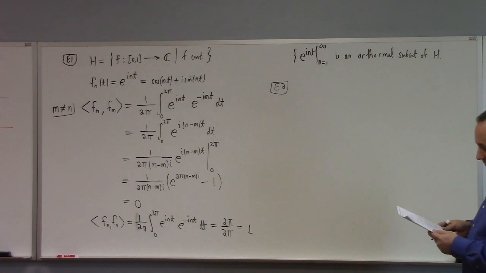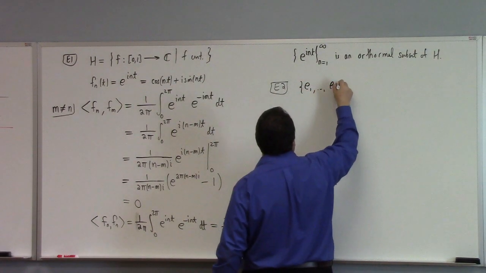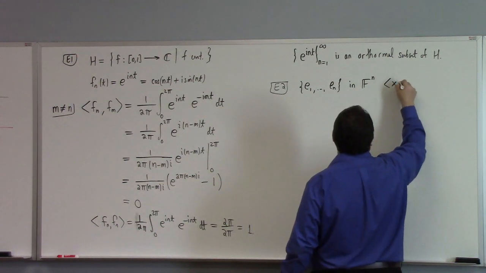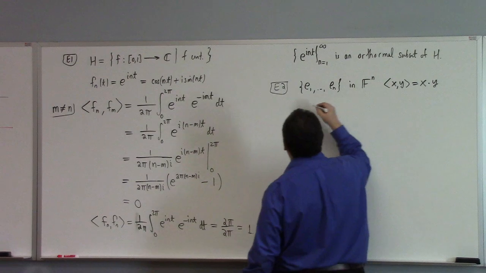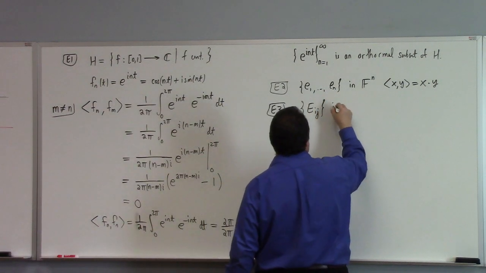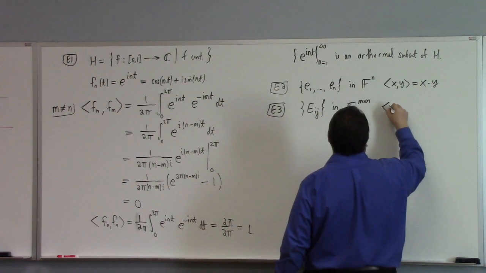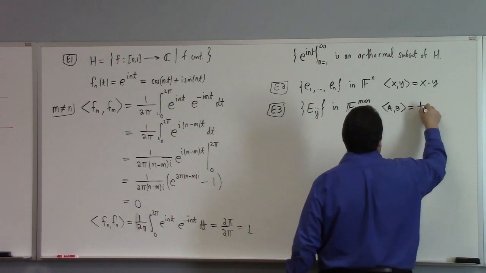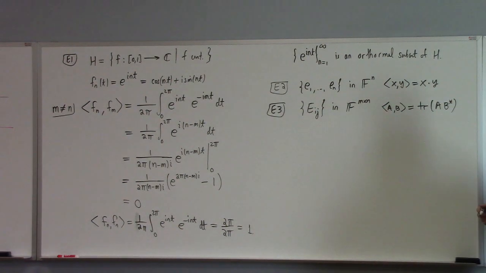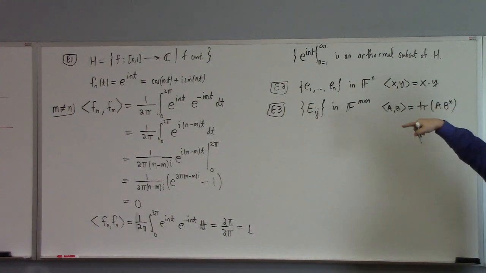In any event, here's some easier examples. If you look at E1 through En in Fn with the usual dot product, and if you look at the matrix units, I like to use A and B for this one, these both are orthonormal bases.